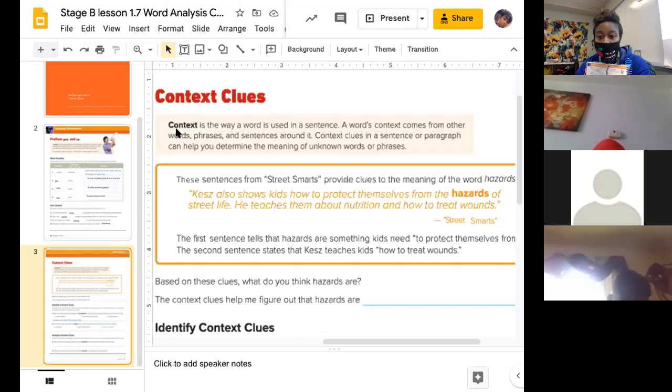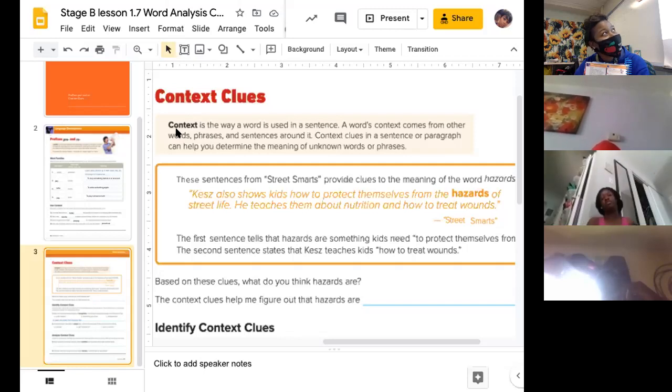Context is the way a word is used in a sentence. A word's context comes from other words, phrases, and sentences around it. Context clues in a sentence or paragraph can help you determine the meaning of an unknown word or phrase. Thank you. All right, so that's what we're going to be looking at today, context clues.